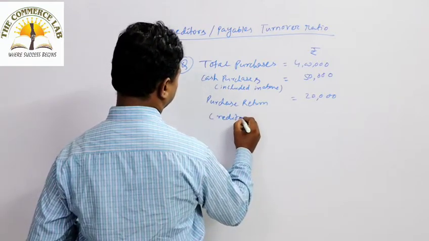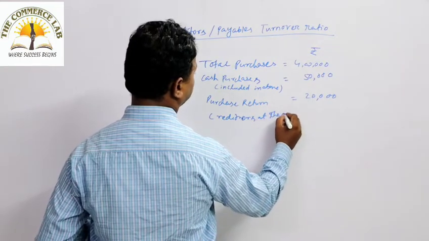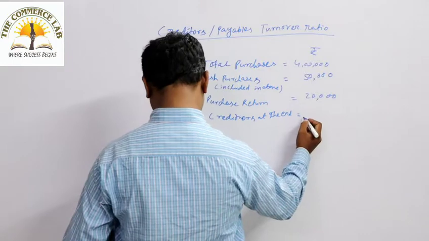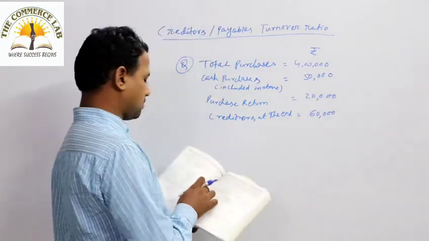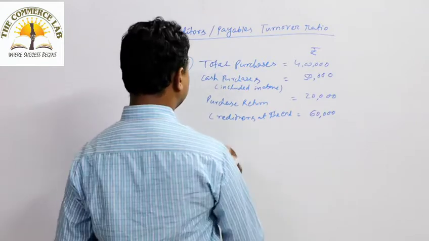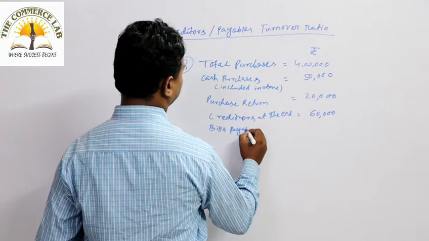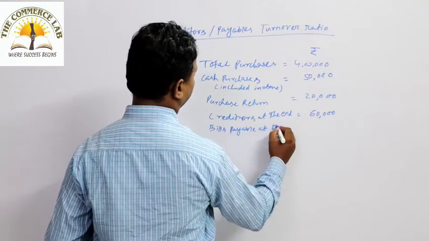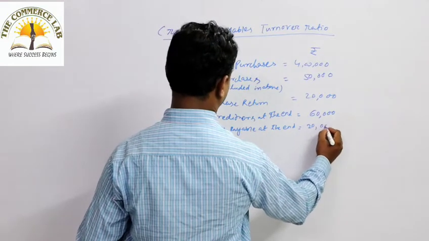Then creditors at the end will be 60,000. Then bills payable at the end is equal to 20,000.